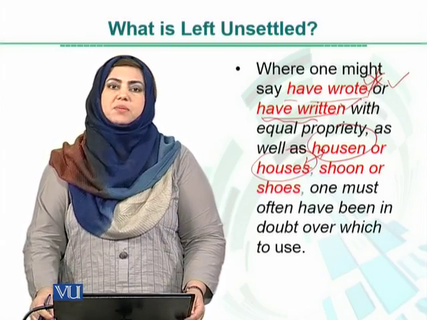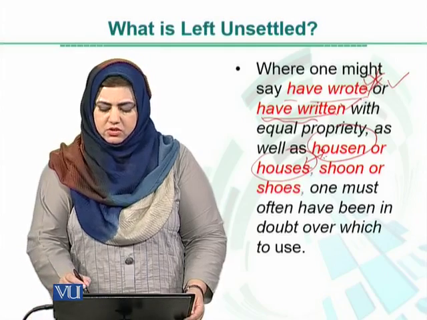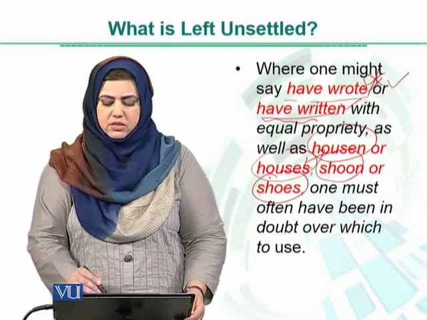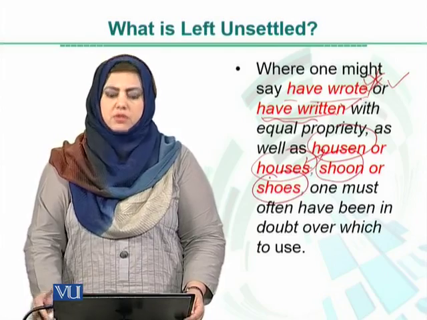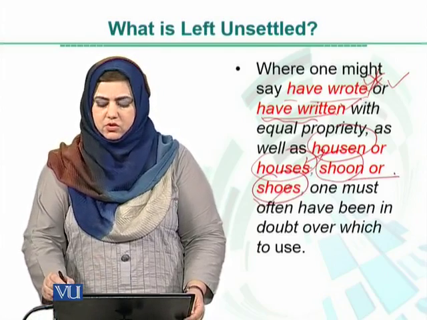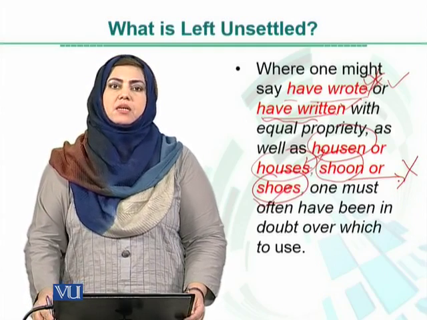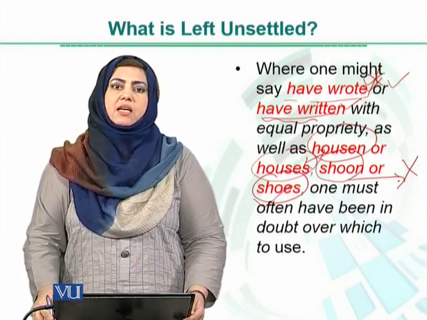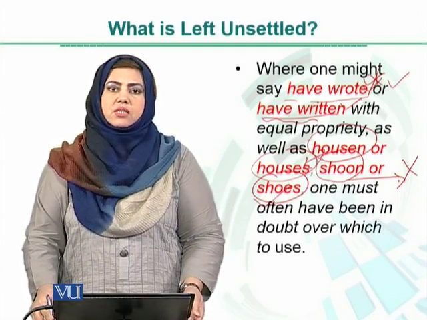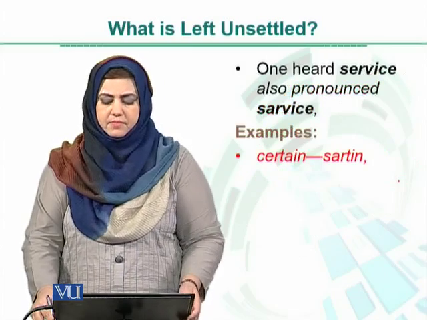And actually Shakespeare used both of these. In the same way, Shakespeare also used shoon and shoes. The plural of shoe, as we use it today, is shoes. Shoon is not acceptable now. But it was acceptable during Shakespeare's times. It was going parallel in usage, so Shakespeare used both the options.